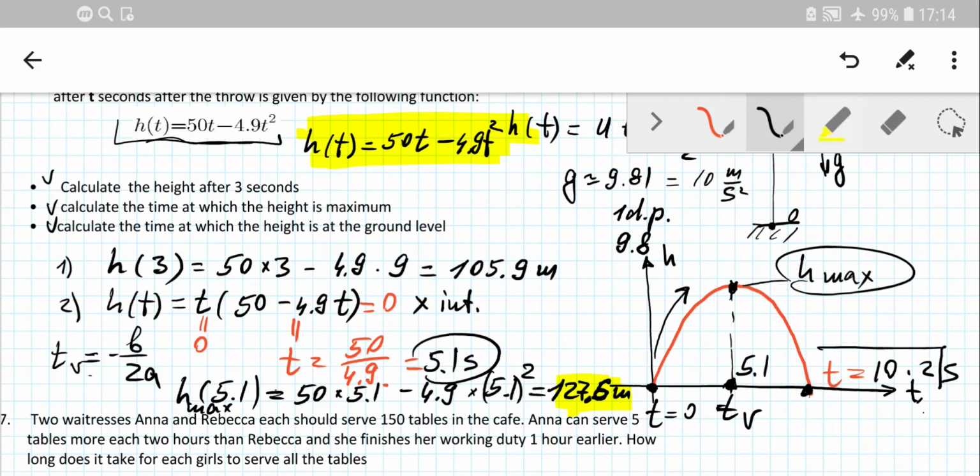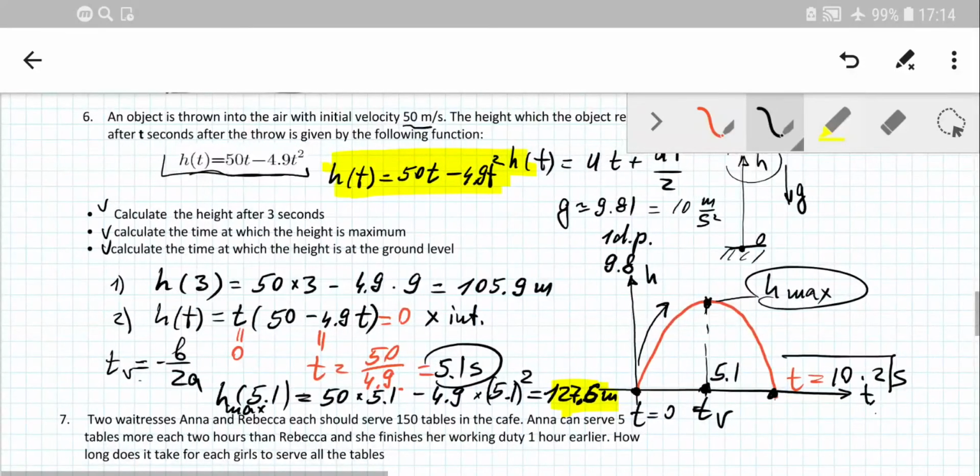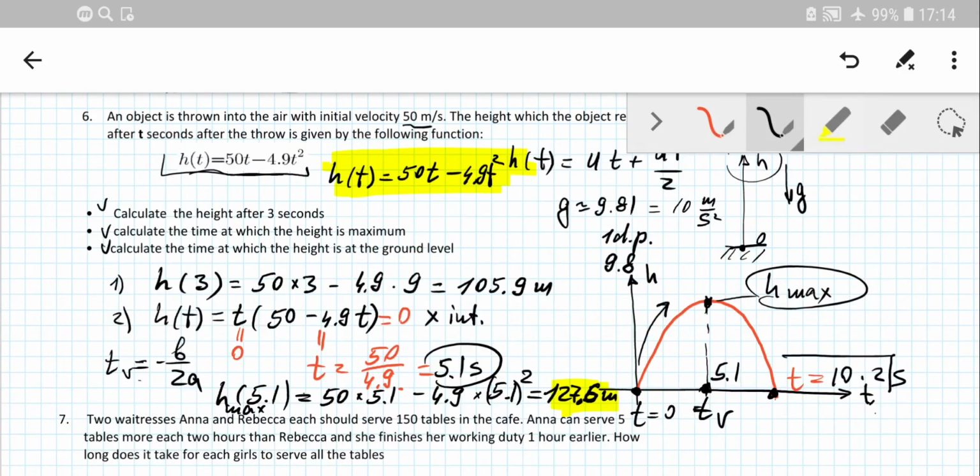All right, that was the application to projectile motion, and that's how you use knowledge about quadratic functions and parabolas, about how to find the vertex, and about how the parabola describes the height behavior of the projectile.